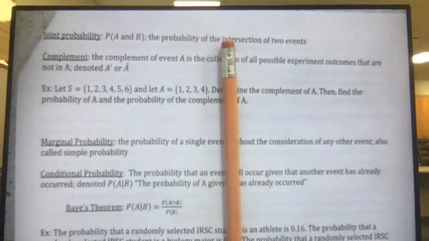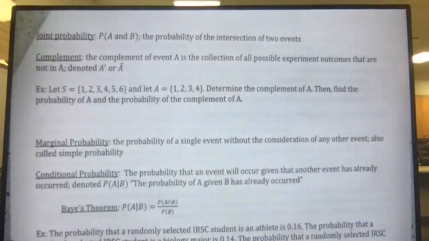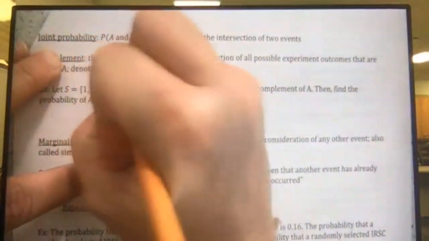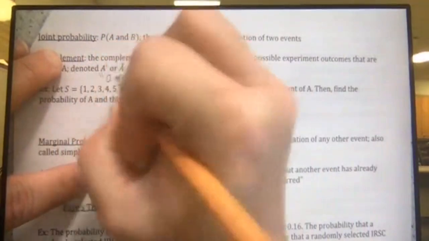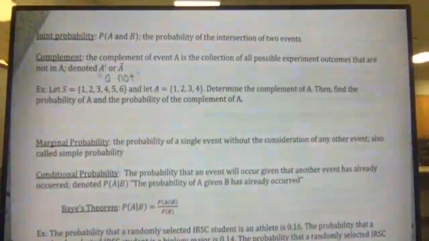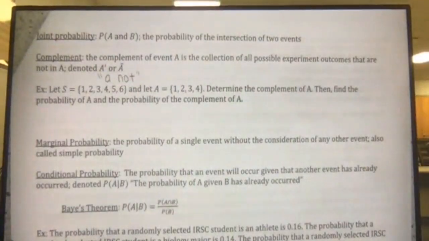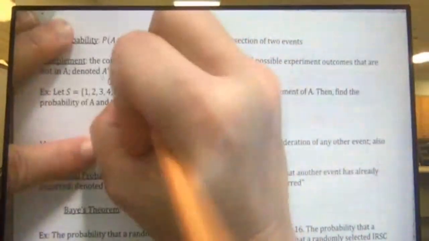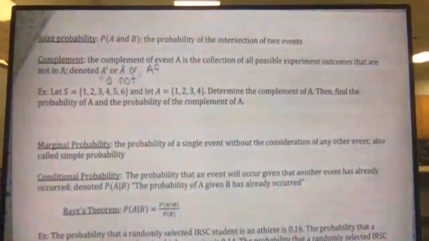The complement of an event is the collection of all possible experimental outcomes that are not in the set, that are not in A. We denote it, or we label it, as A naught. So it could be A with an apostrophe, it could be A with the hat on top, with the line up top, or I've even seen it as A with a little c as an exponent.